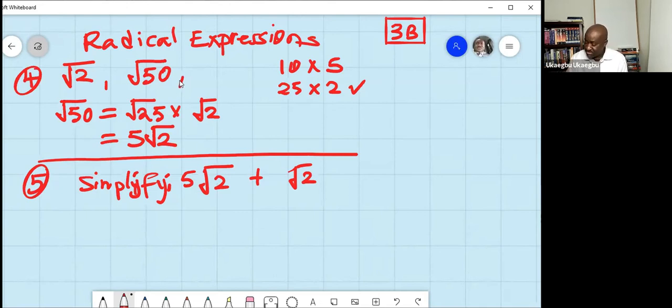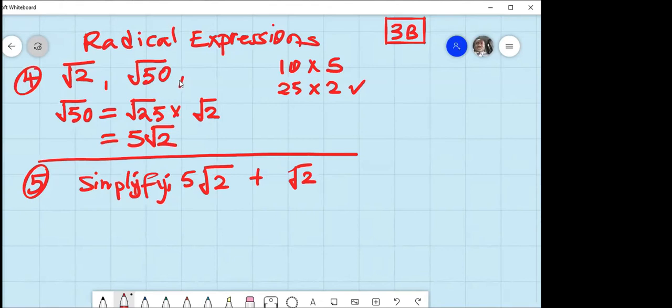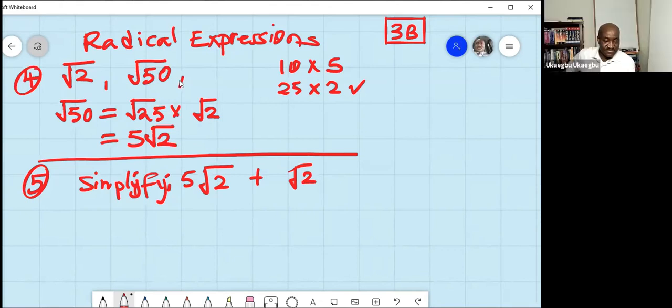So how do we solve these? 5 square root of 2 plus square root of 2. Wouldn't that be 5 square root of 4? Not really, because, let me help. This is like saying 5x plus x.